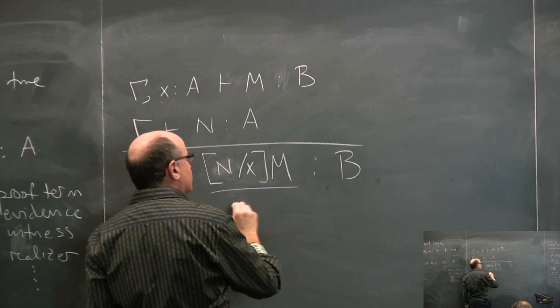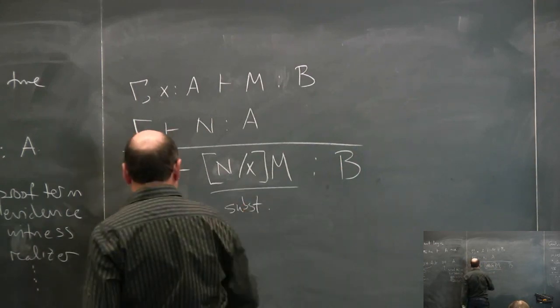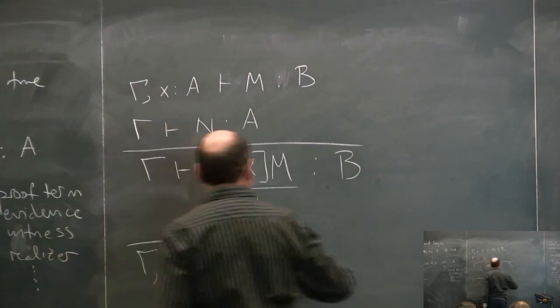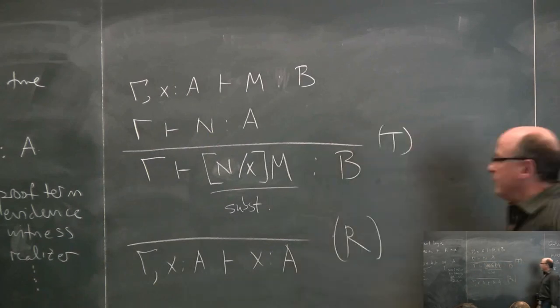B, and this is substitution. And then we also have the reflexivity principle. The variable rule: this is reflexivity, this is transitivity.